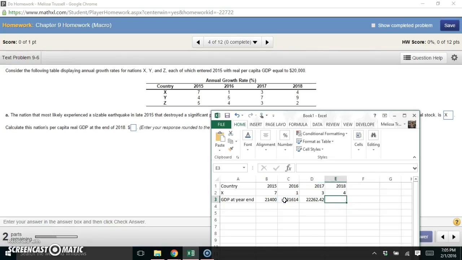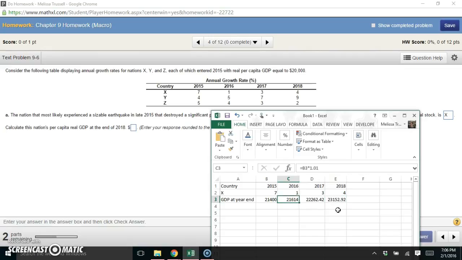Finally, for 2018, we'll take the amount we started with, which is the amount at the end of 2017, times our growth rate was 4%, so 1.04. And now we have the amount, or our real per capita GDP at the end of 2018.